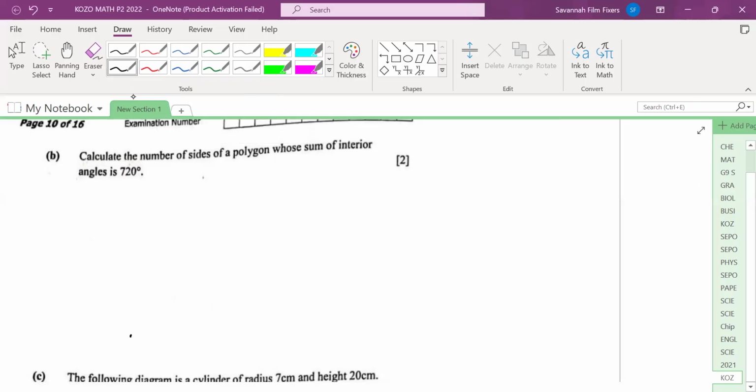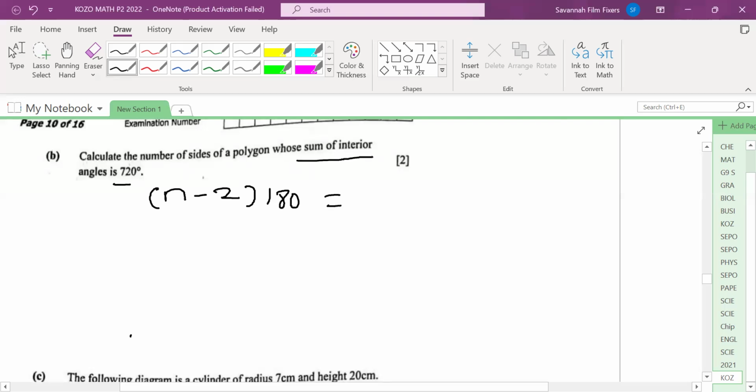But for this one, you have to say n minus 2 multiplied by 180 is equal to the sum of the interior angles, because that formula was for exterior angle, right? Exterior angle is equal to 360 over n.